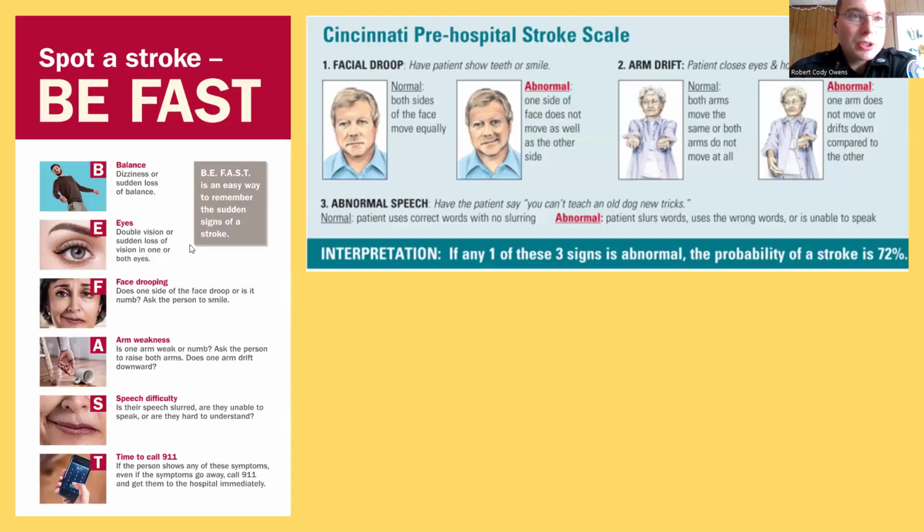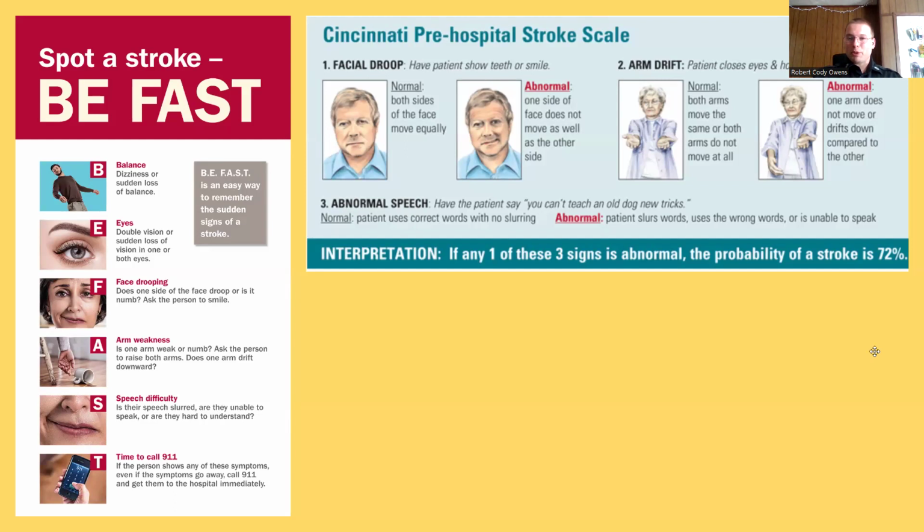All right, so next would be strokes. The acronym that you can follow is BE FAST. Let me see if I can move these bars and move myself. All right. So BE FAST stands for balance, which is a sudden feeling of being dizzy or a sudden loss of balance. Eyes, if they say they have double vision, or if they lose vision in one eye or both.